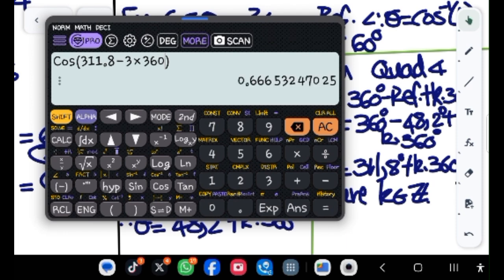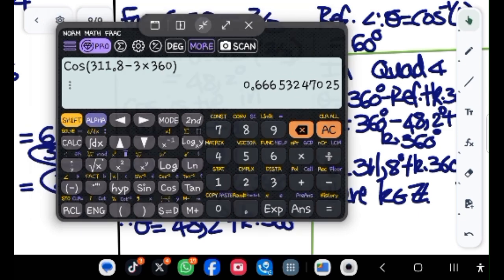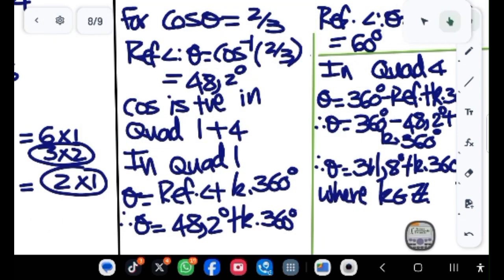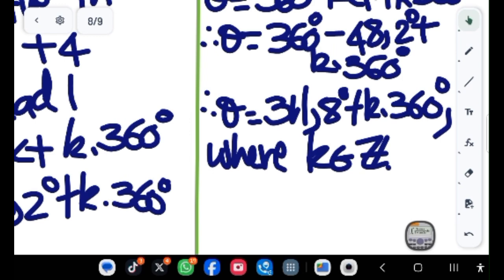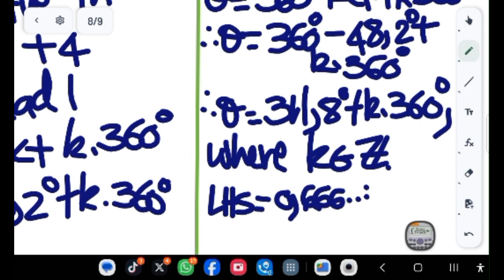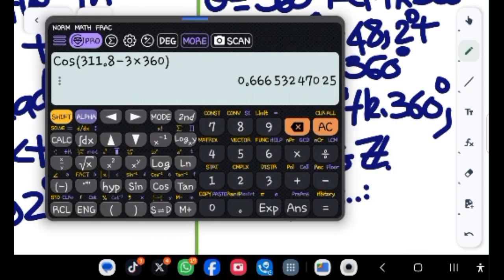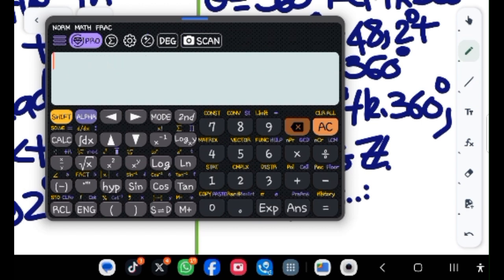Let's use the S to D button and find the square root of 2 over 3.